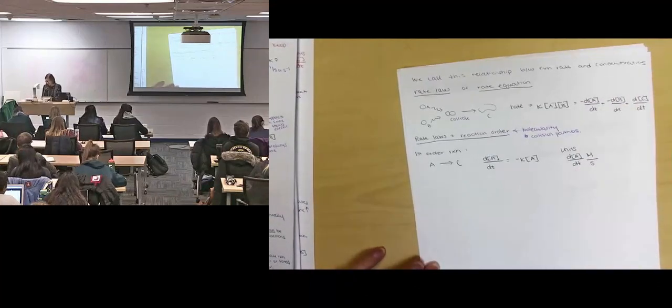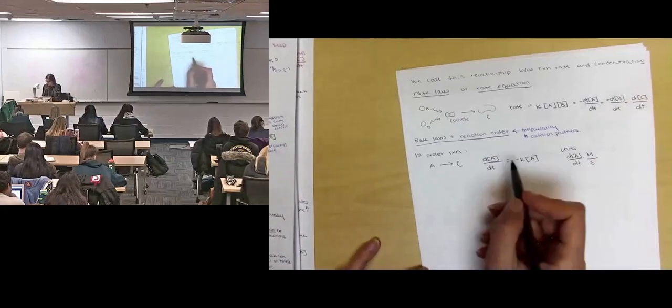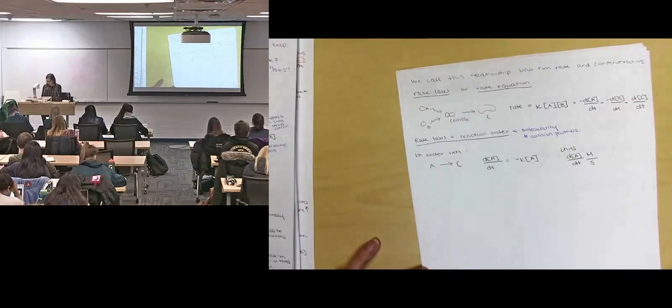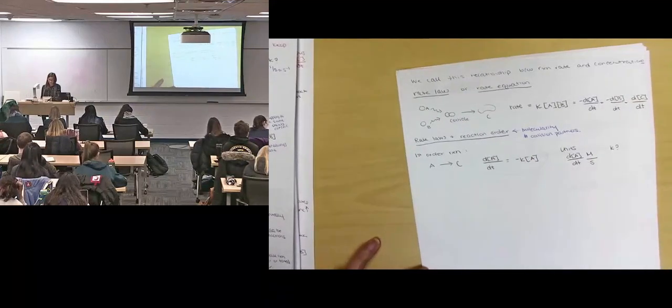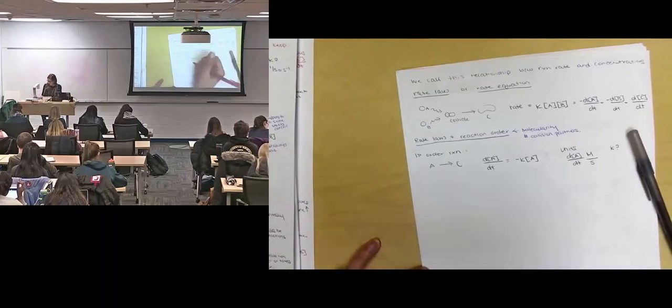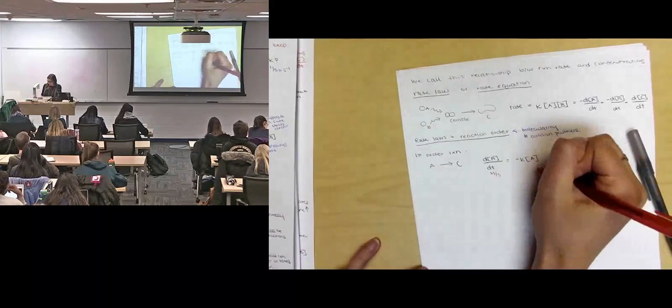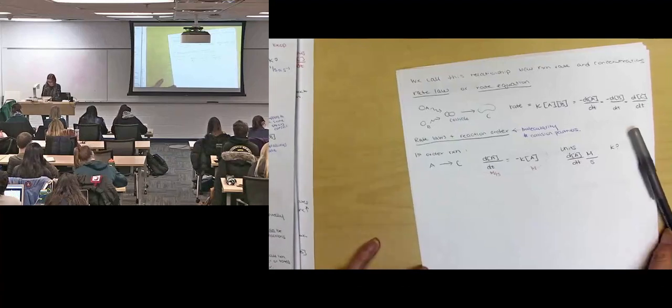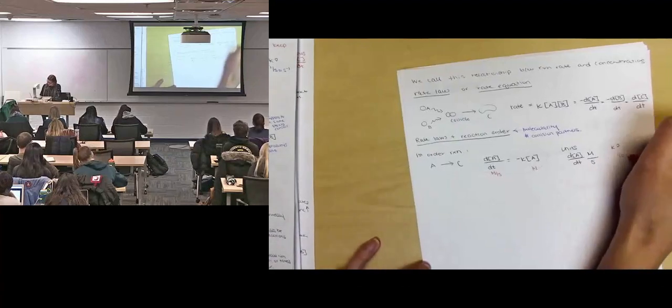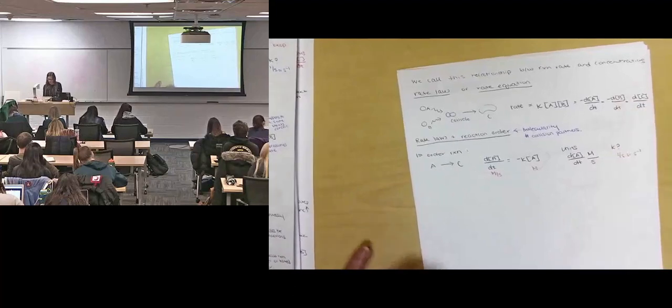So molar per second would be our units for rate, okay? So given this first order information here, what are the units of K, my rate constant? This is molar per second, this is molar. It's 1 over seconds, or seconds to the negative 1, okay? Has to be the unit.